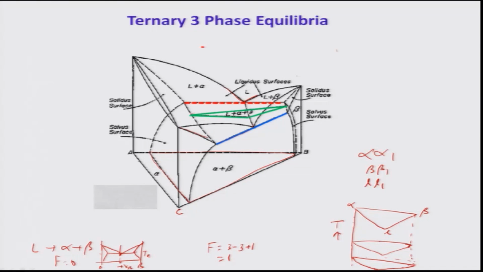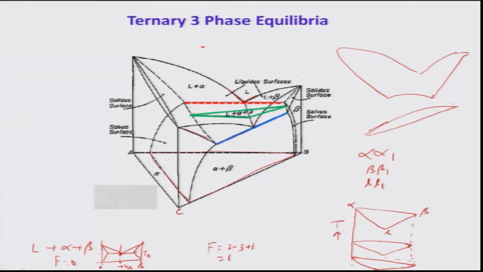On the left side it is the same, but on the right side it is very different, okay. I have to draw a little bit more, it is like that. In the isomorphous system it was like this surface.